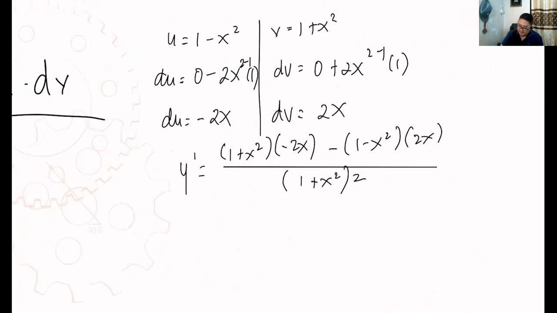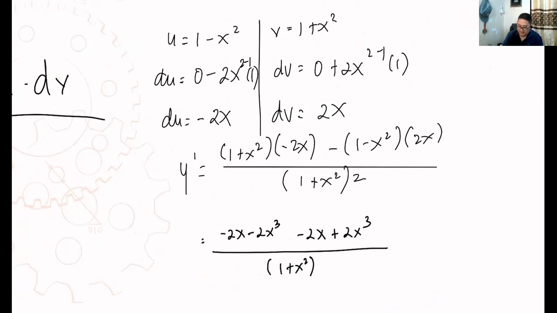So, next is distribute natin yung numerator natin. So, this will be negative 2x minus 2x cubed. And then ito, upon distribution, this will be negative 2x plus 2x cubed, all over 1 plus x squared.